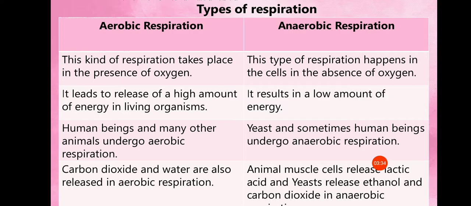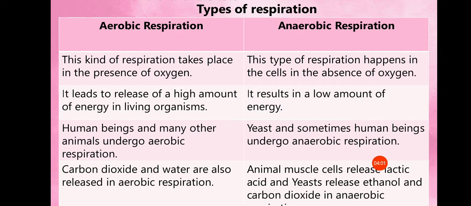In human beings, anaerobic respiration takes place for a very short time when our body undergoes vigorous muscular activity during heavy exercise. Due to the anaerobic respiration in muscles, lactic acid is produced because of the partial breakdown of glucose. Muscle cramps are caused due to the accumulation of this lactic acid.